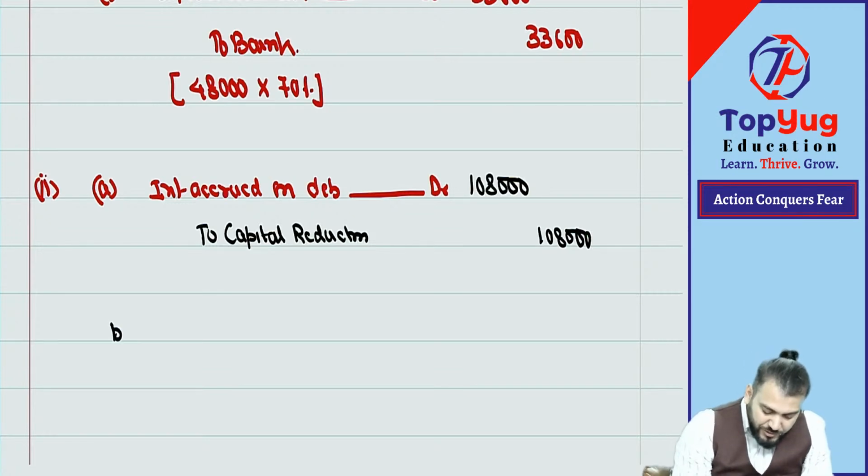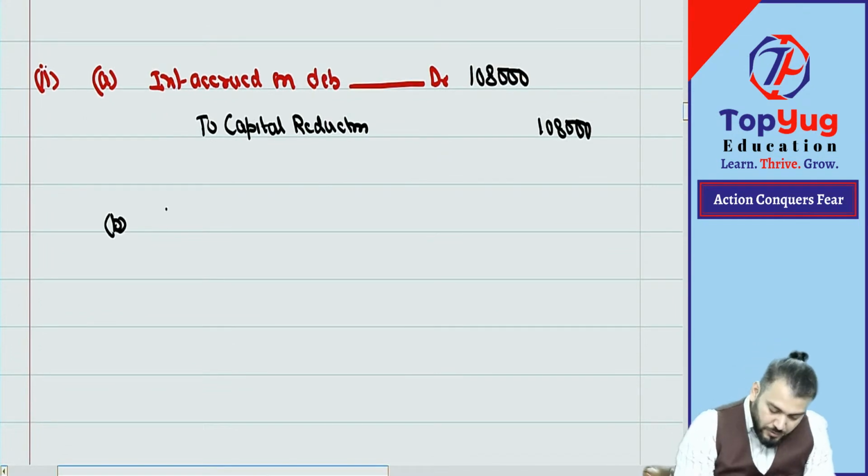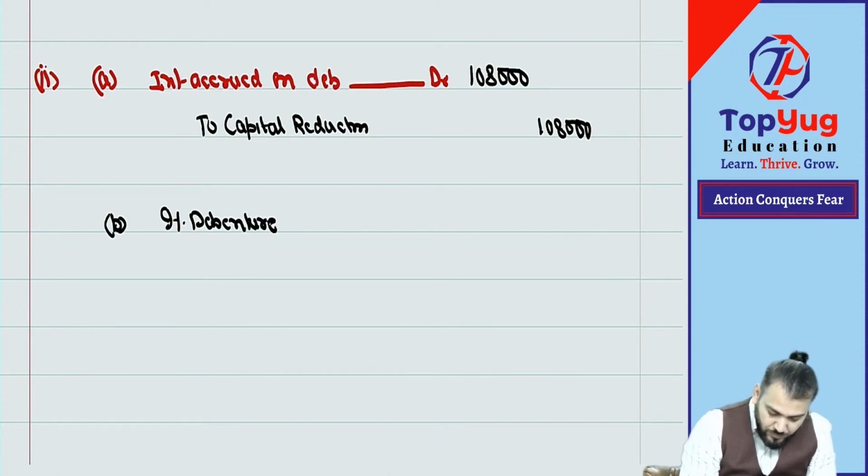And the second transaction: 9% debenture will become 12% debenture. Amount remains same only.